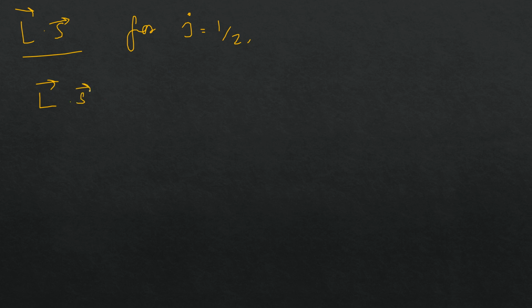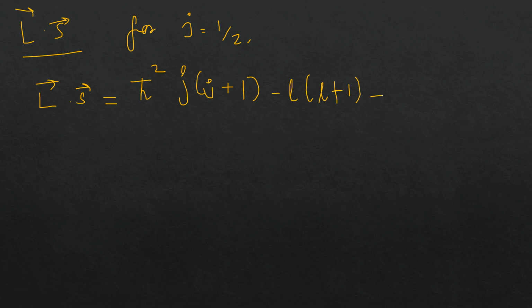L dot S is, as we have written, ħ² times J(J+1) minus L(L+1) minus S(S+1), whole divided by 2.